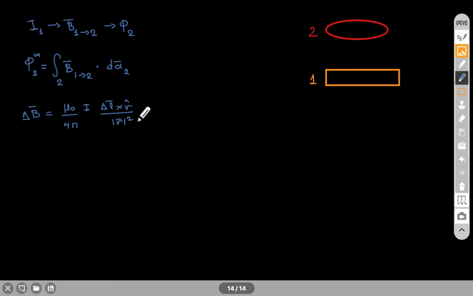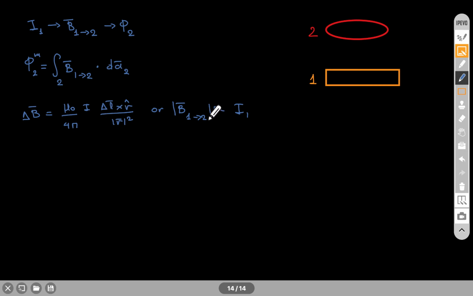Okay, from Biot-Savart's law, we know that the magnetic field that current 1 creates at the location of loop 2 will be, I'm only discussing the strength, the strength of this will be proportional to current 1.